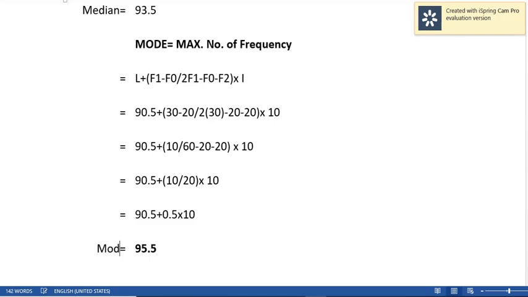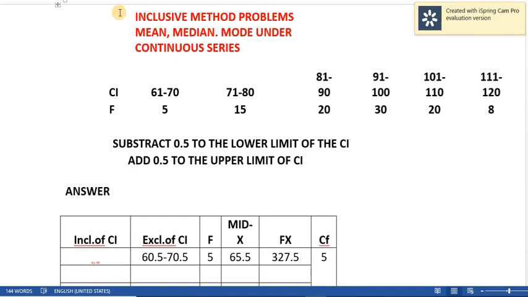This is what mode, denoted by Z, is. This is the answer for mode. Now, before concluding this problem, first and foremost we have to understand what we want to find out. We have to find the mean, median, mode, and check in the class interval whether it is properly arranged or not. If they are not arranged, then we have to convert inclusive into exclusive.